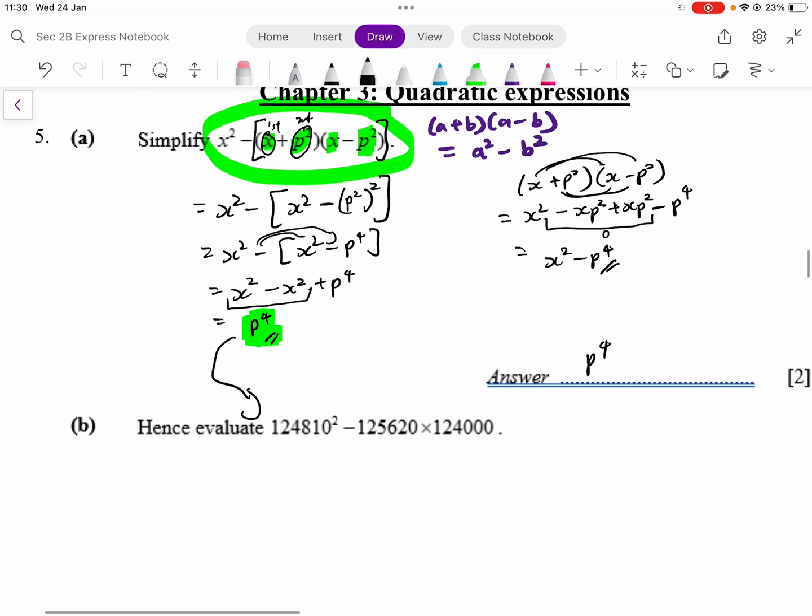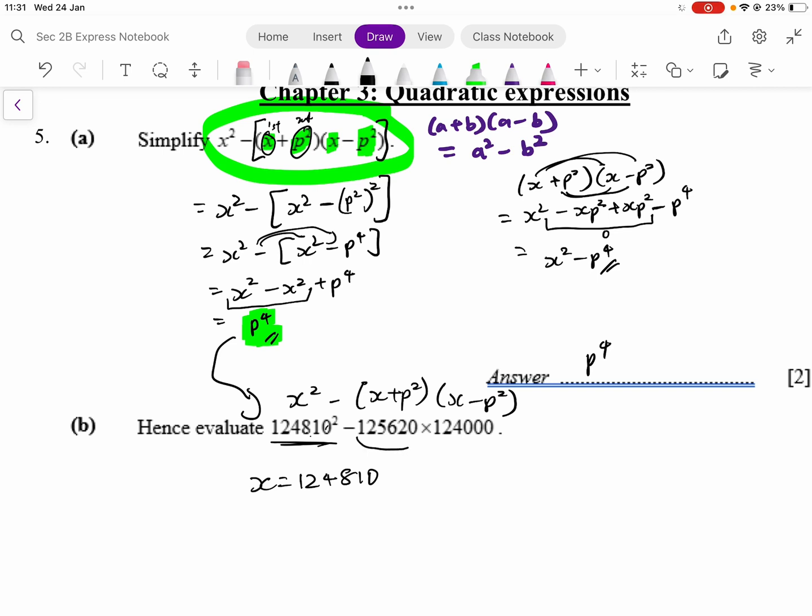Okay, now if we were to compare the equation, what the question is trying to say is that if x squared is the same as 124,810 squared, it means that x equals 124,810, because we are comparing the structure of the expression with each other. But if x is 124,810, that means that 125,620 should equal x plus p squared, right?